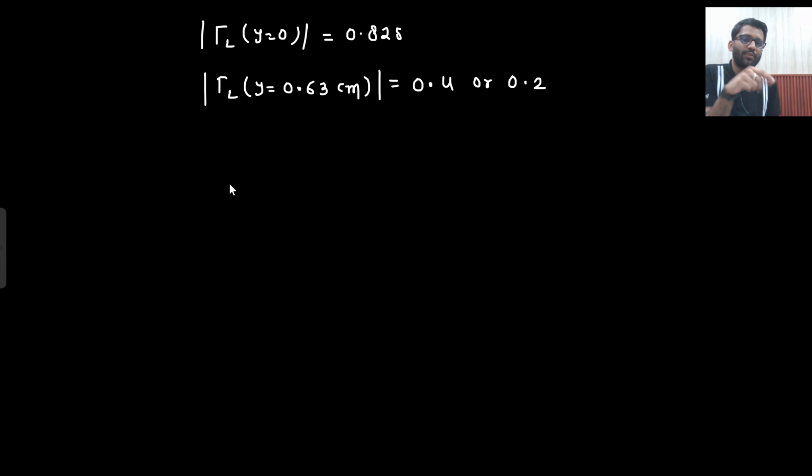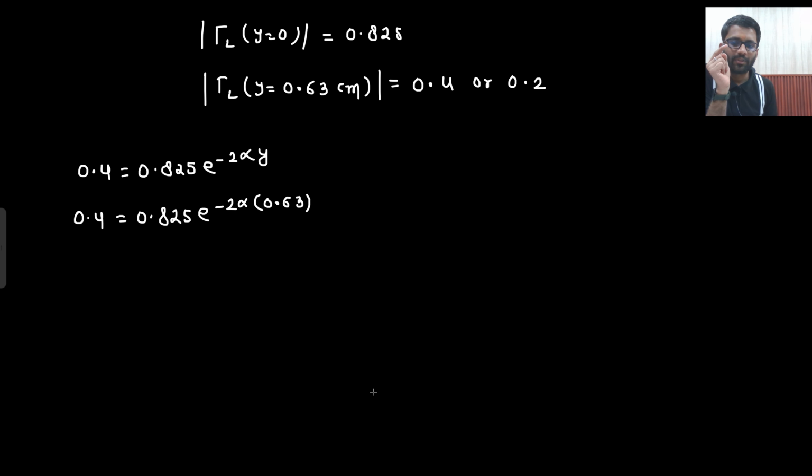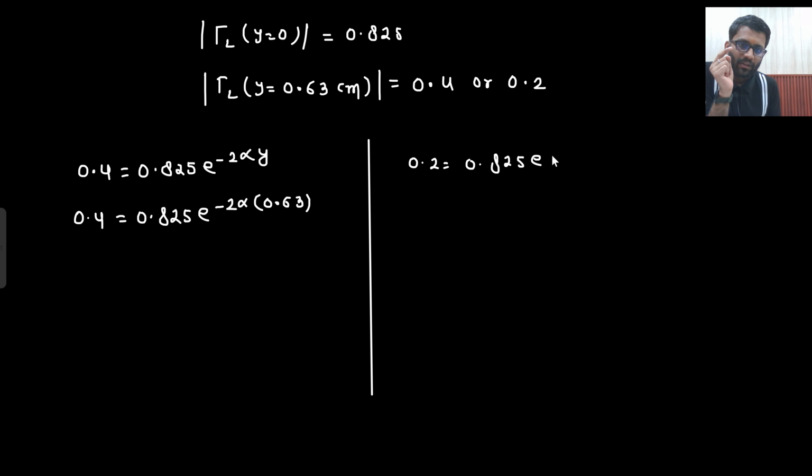So what can you write? 0.4 will be equal to 0.825, which reduces as e to the power minus 2 alpha y, and the value of y is 0.63 lambda. So 0.4 equals 0.825 e to the power minus 2 alpha times 0.63. This is one of the possible answers. The other possible answer is that the reflection coefficient can become 0.2 as well: 0.2 equals 0.825 e to the power minus 2 alpha times 0.63.